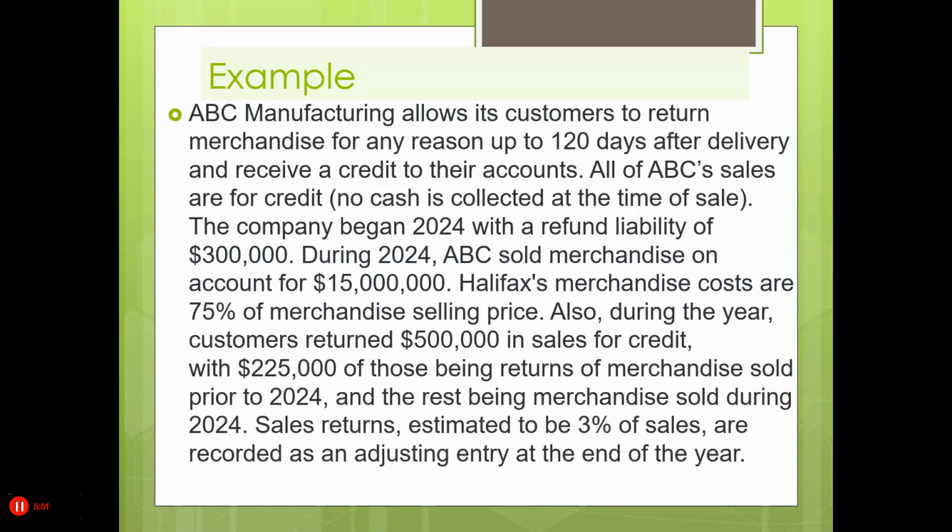Also, during the year, customers returned $500,000 in sales for credit, with $225,000 of these being returns of merchandise sold prior to 2024, and the rest being merchandise sold during 2024. Sales returns are estimated at 3% of sales.